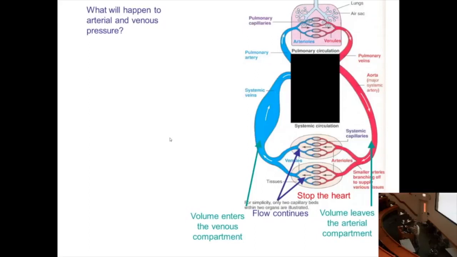What happens to the venous pressure? Goes up. My venous volume is going up, so my pressure goes up along with it, right? Because blood's being transferred from the arteries to the veins because I've stopped the heart, but the pressure gradient is still there, okay? And we're still going to get flow.